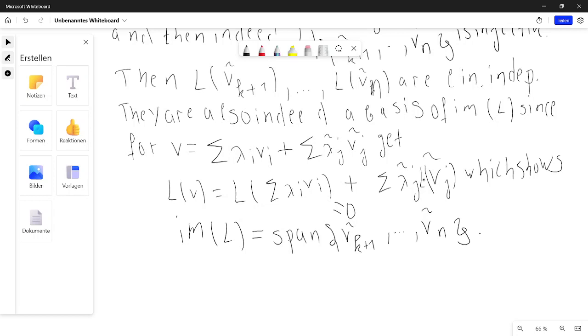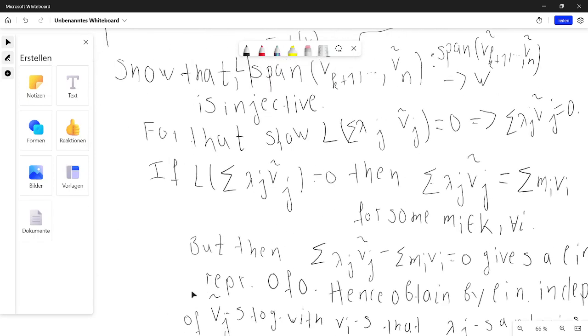And with that we have that the image of L is spanned by those vectors, and they are distinct, which we have also shown because the map is injective, and then we have this number n minus k.